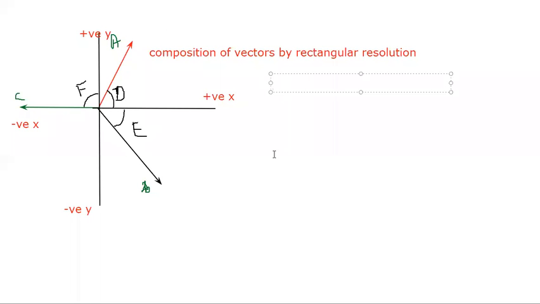If you resolve vector A, one component will be here and component 2 will be here.